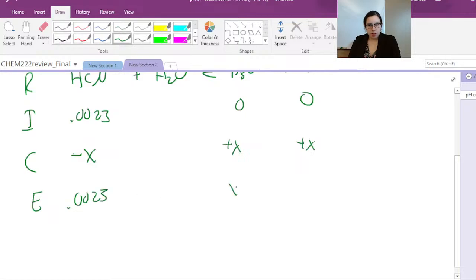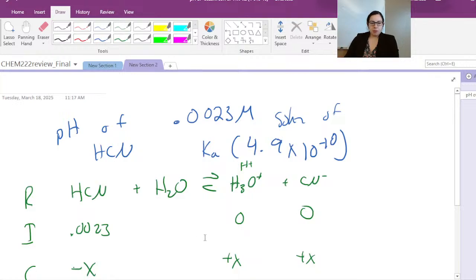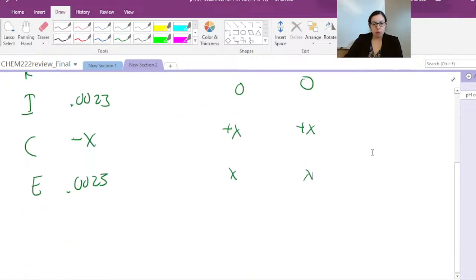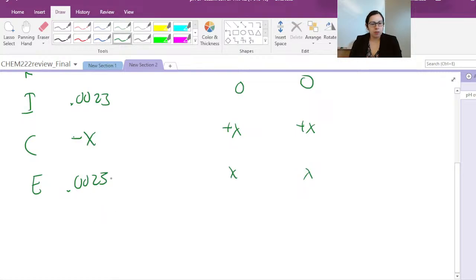So this looks pretty similar. Except with this tiny number, I'm hoping we could probably make a 5% approximation. So that might help us with the math. Otherwise, right, we're just stuck doing more quadratics. Oops, and I forgot our minus x here.